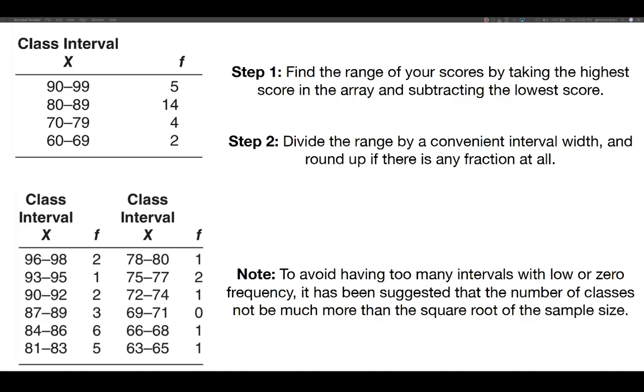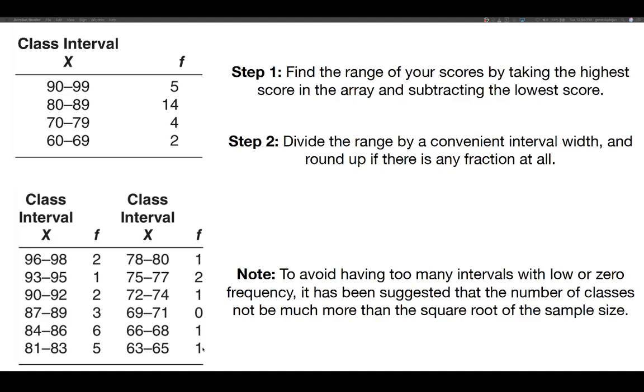And there is also a note being reminded by statisticians. To avoid having too many intervals with low or zero frequency, it has been suggested that the number of classes not be much more than the square root of the sample size. So in this case, if we total everything from the frequency, we would arrive at a sum total of 25 entries or data.